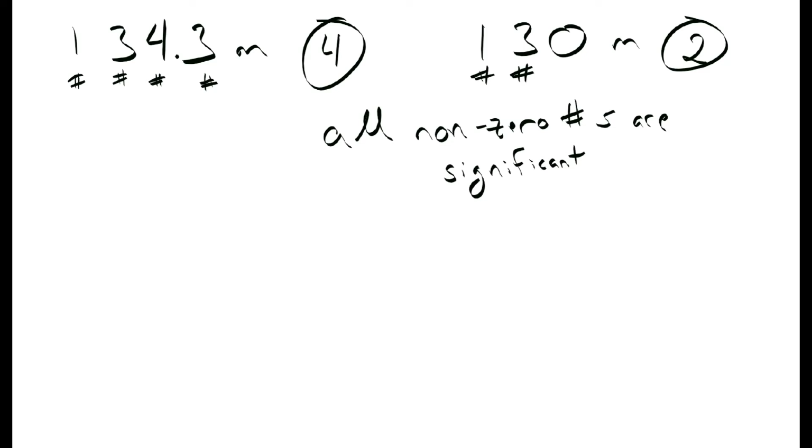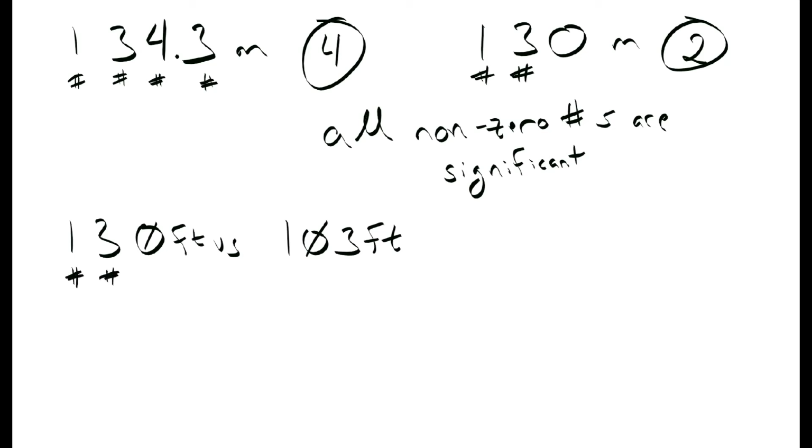The question is, what about the zero numbers? Which zeros are significant? So next up, let's compare 130 feet versus 103 feet. Notice that all my measurements have units. Measurements always have units. All right, so 130 feet has 2 non-zero numbers, as does 103 feet.